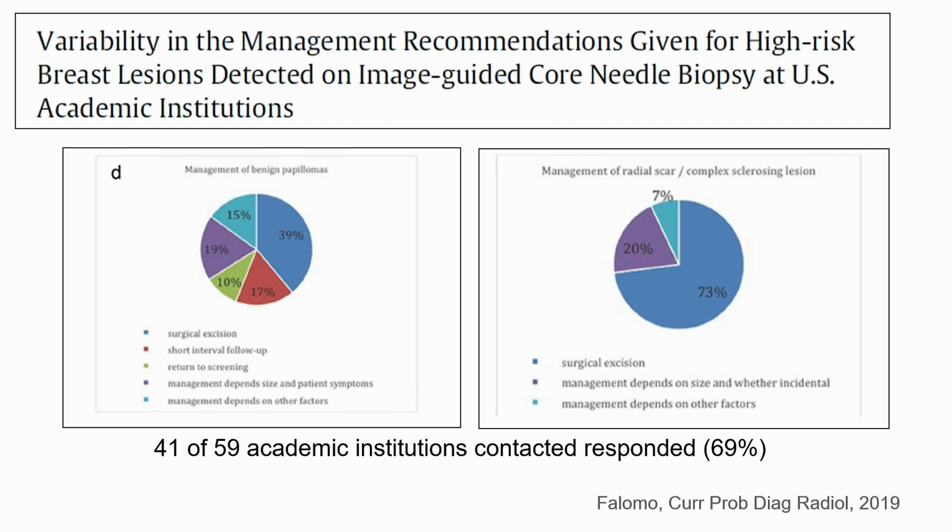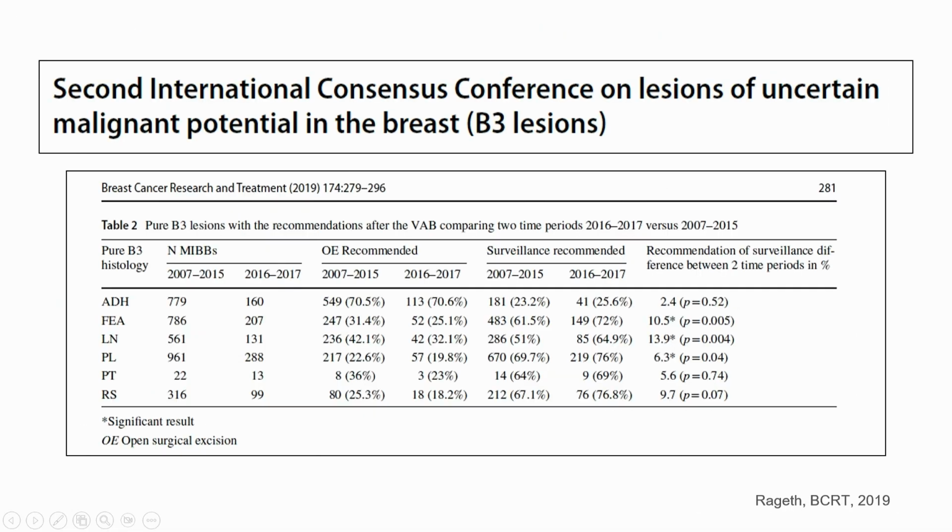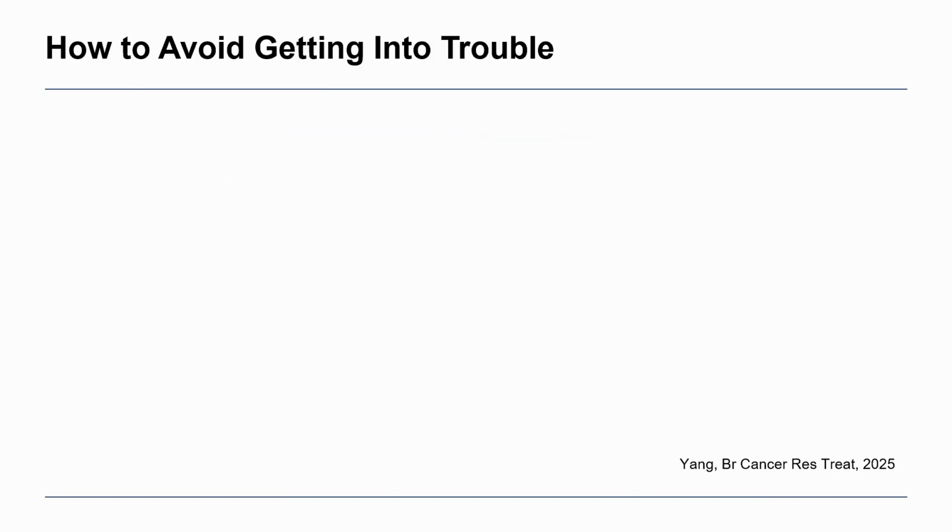And for radial scars, many more were undergoing excision. But I think it's evolving. You can see from this study, over 2 different time points, 2007 to 2015 and 2016 to 2017, there was a much greater likelihood of recommending surveillance rather than excision.